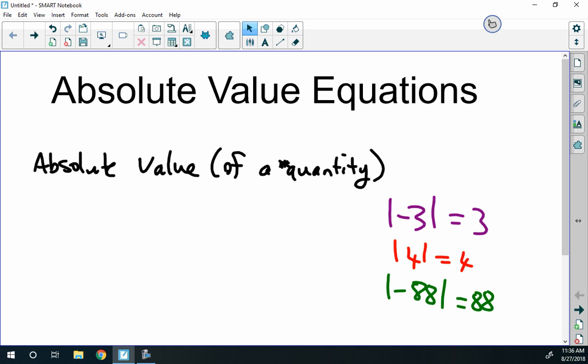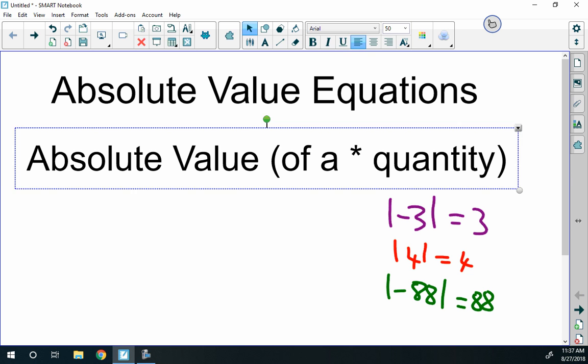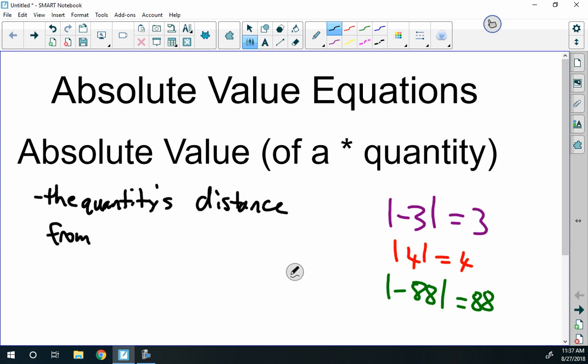So to answer that question, you probably ought to write down what it means when we say the absolute value of a quantity. It's a really good idea to write down this definition. The absolute value of a quantity is the quantity's distance from zero on the one and only number line.